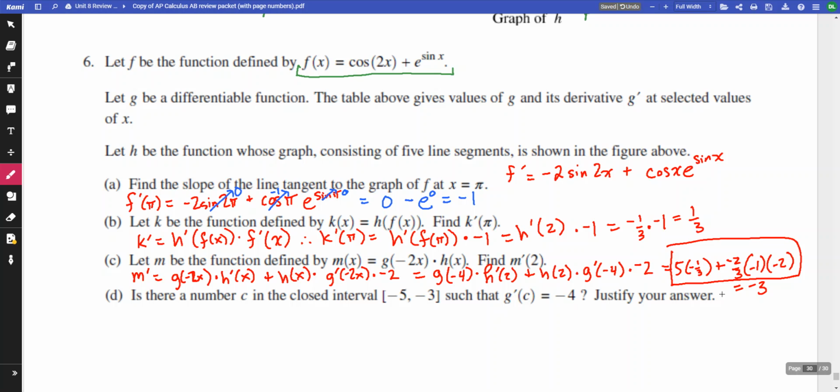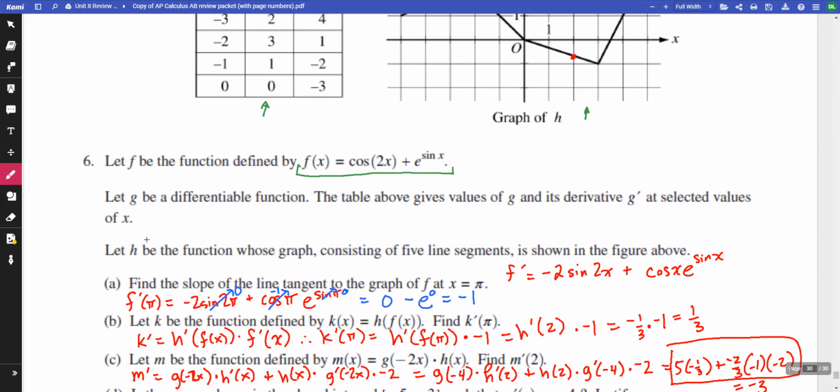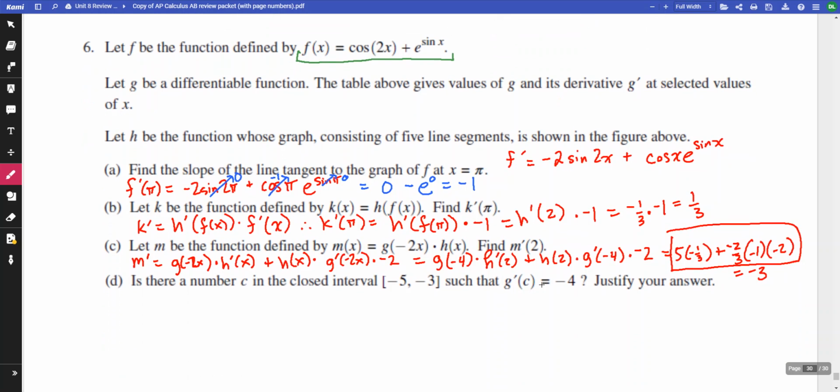Then, is there a number on the closed interval such that g prime of c is negative 4? Well, let's see here. g is differentiable, so therefore continuous on negative 5 to negative 3.